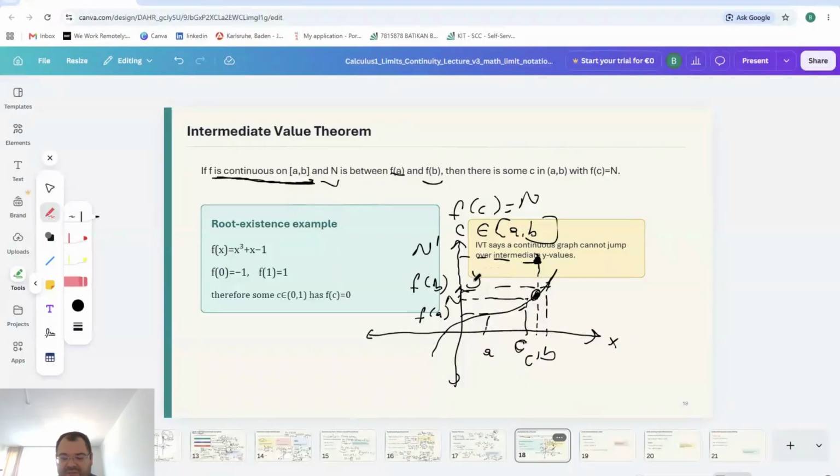Or you cannot have a value, for example, you have an n value here, a c value here. You cannot have something like c2 here. This also makes the function discontinuous, because you have an empty circle here, and this c2 value is satisfying the n value.